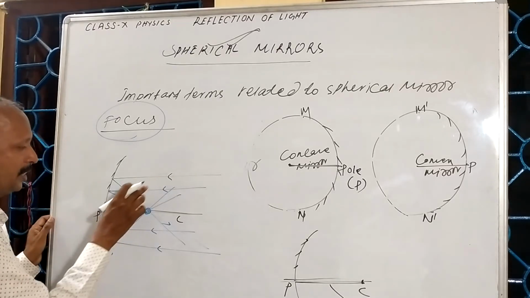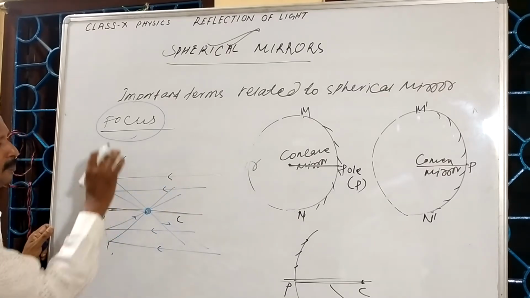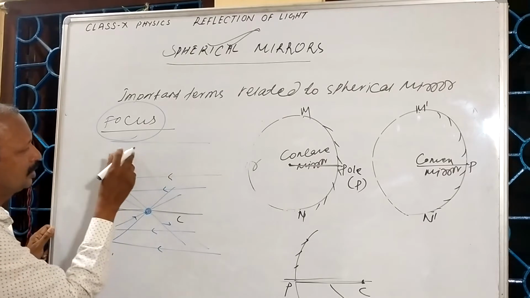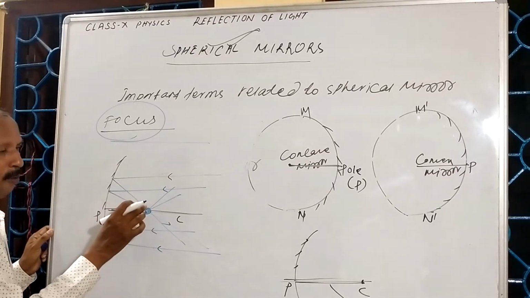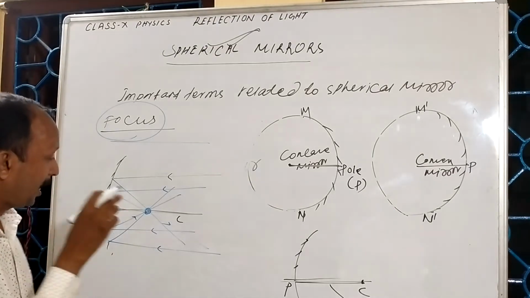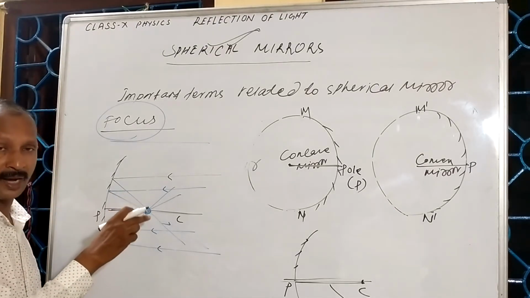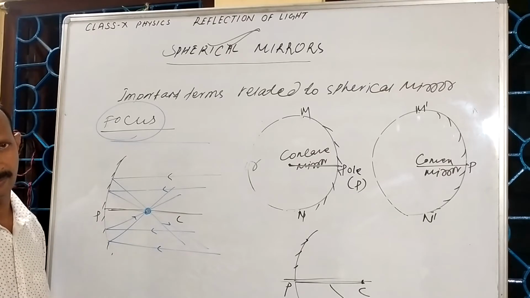Why am I saying close and parallel? Suppose a light ray comes like this. Will it converge here? No. So that's why I said that it is a point on the principal axis through which all the light rays, those that are close and parallel to the principal axis, converge after reflection.